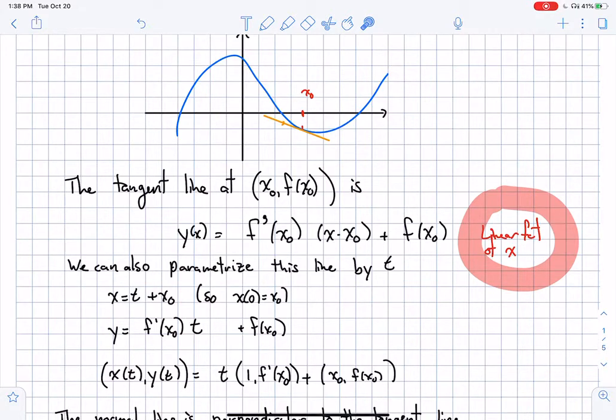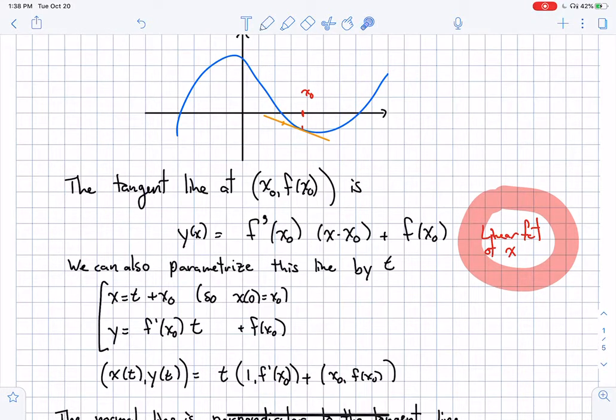Let's say I parameterize my line by x equals t plus x0, so that at t equals 0 I'm at the point x0. And y then is what I wrote: f'(x0) times (x minus x0, which is just t) plus f(x0). So this is my parametric equation.